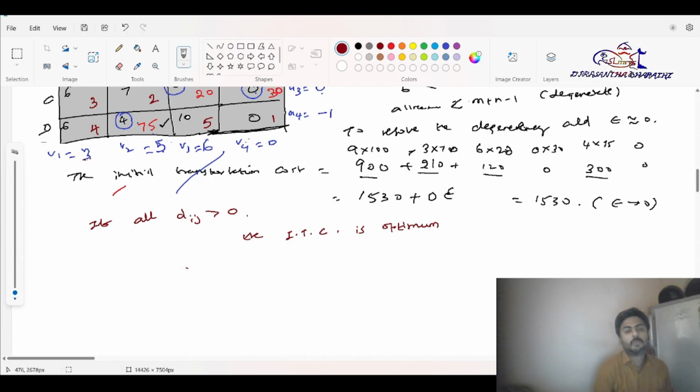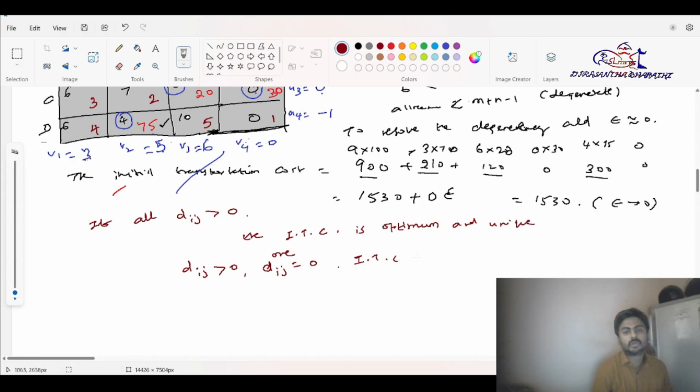Suppose all dij are greater than 0 except only one dij equal to 0, this is optimum and unique.